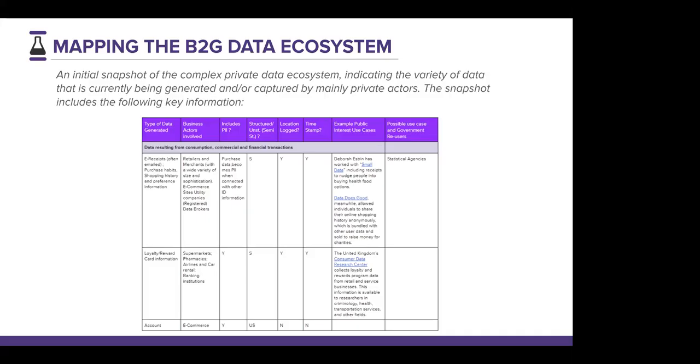It could also be other agencies, right? Because it's not just non-public sector actors that collect data. But in the private sector, you could start thinking about, well, who collects data, for instance, on commercial and financial transactions, right? And then you can say, well, actually, all the grocery stores are collecting data, and they have e-receipts.